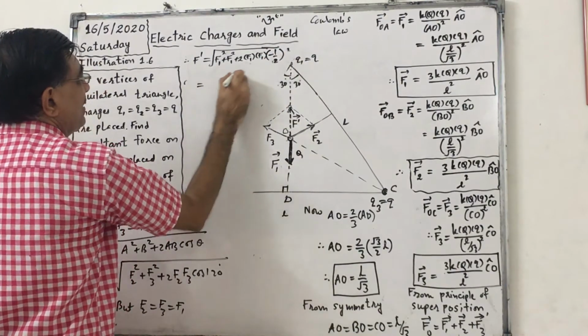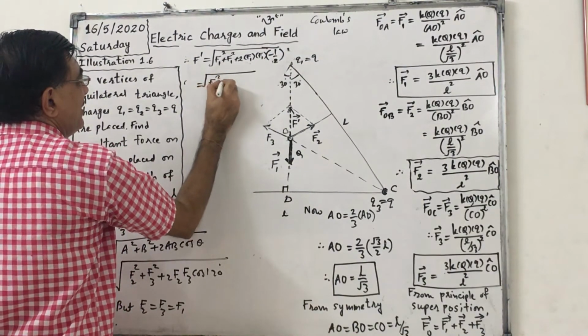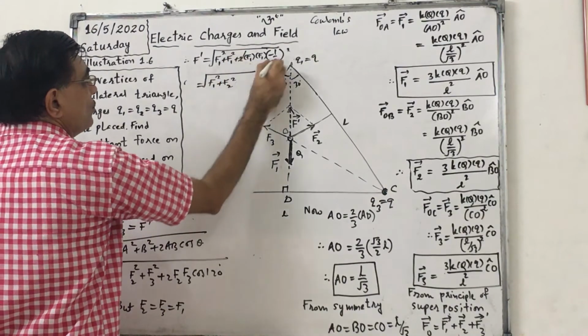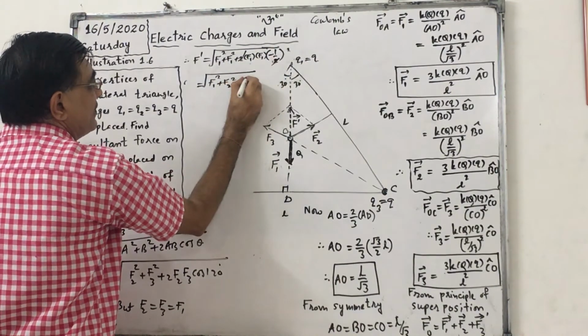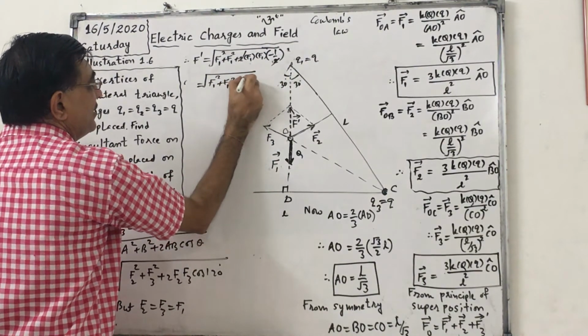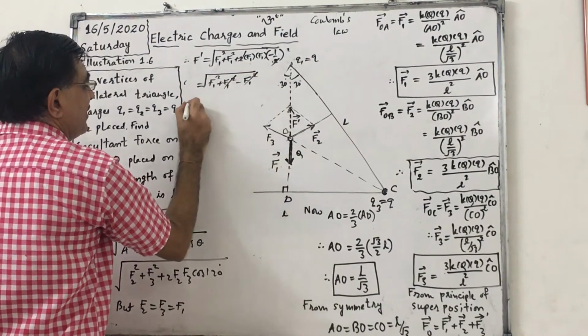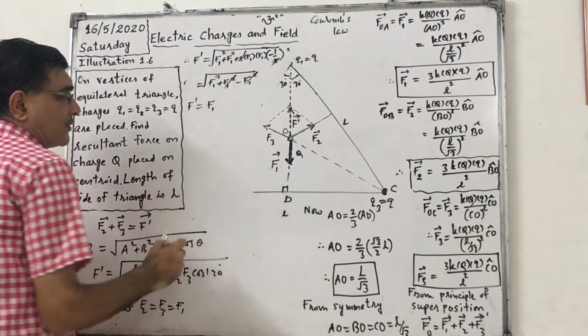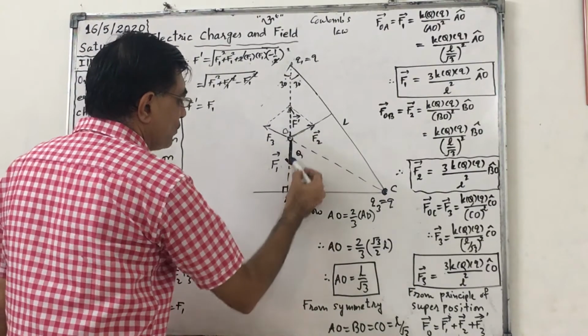So finally it is the square root of F1 square plus F1 square minus F1 square, these cancel. Finally F dash equals F1. So as far as magnitudes are concerned, these two are equal.